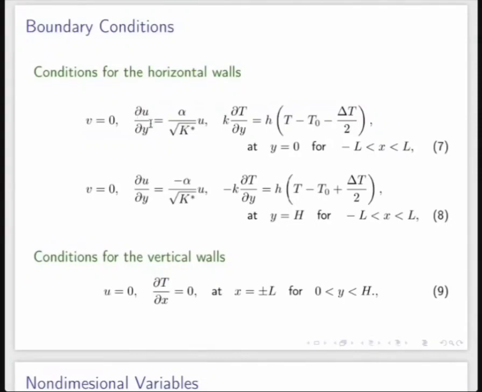When you have a linear combination of the two, it is known as the third kind boundary condition or the Robin boundary condition. And for the particular application that is chosen, both the velocity field and temperature field are governed by third kind boundary conditions at the horizontal boundaries.